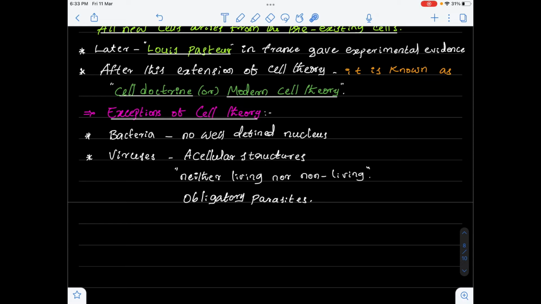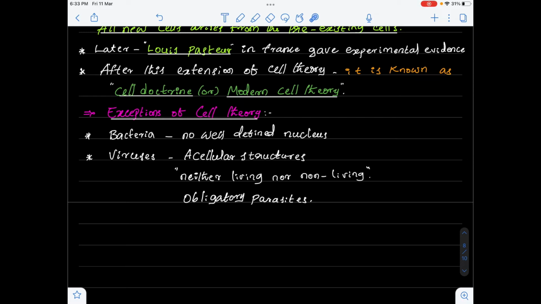And sir, how can you say that these two organisms are exceptions of cell theory? According to cell theory, a cell must consist of cell membrane, cytoplasm, and a well-defined nucleus. Well-defined nucleus means what, sir? A nucleus must contain nuclear membrane, nucleoplasm, genetic material, nucleolus, right?